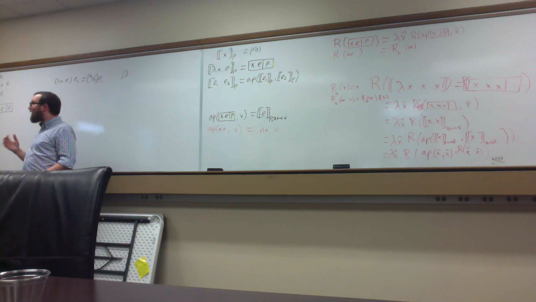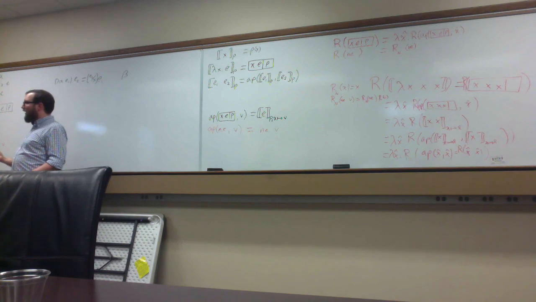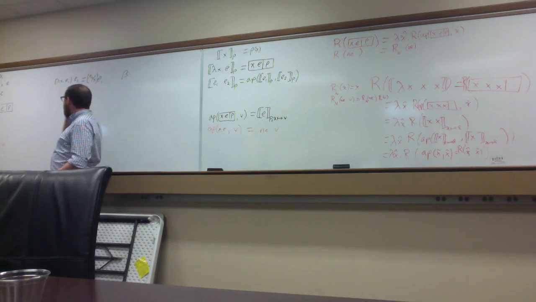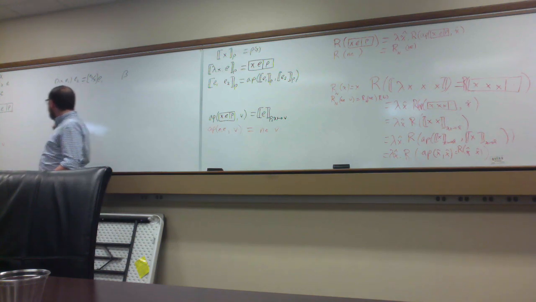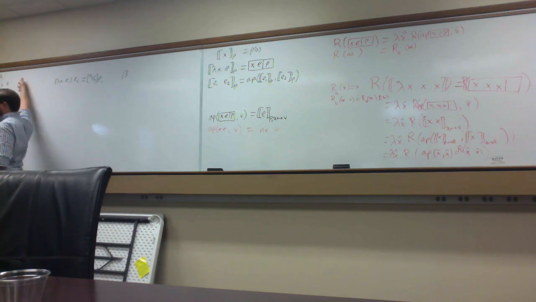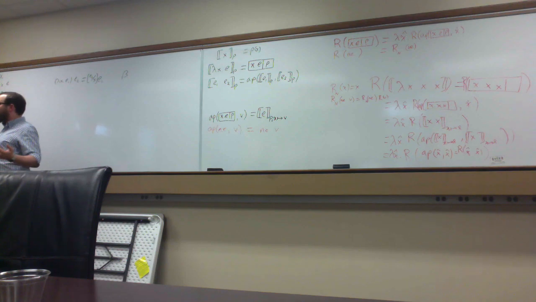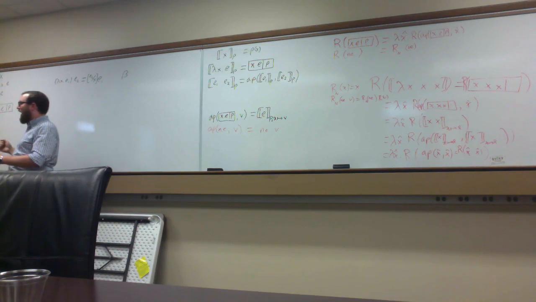Having computed a value, though, we haven't found a normal form of an expression. We've gotten part of the way there, but we need to do more. So then, in order to transform the value back into syntax, we use this reading back procedure. So the composition of evaluation and reading back gives you normalization.